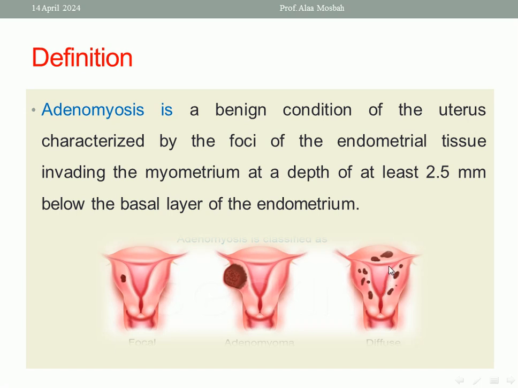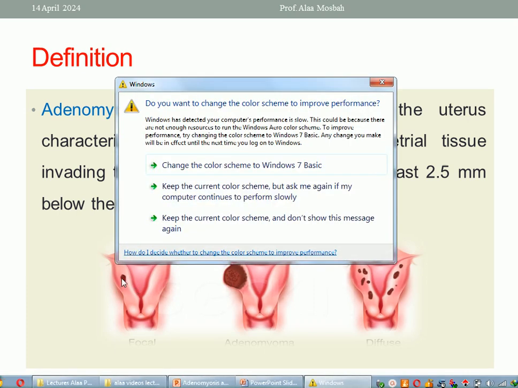But in case of adenomyosis, the endometrial gland and the stroma invade the myometrium, as you see here, causing diffuse adenomyosis, or adenomyoma, which is focal adenomyosis.